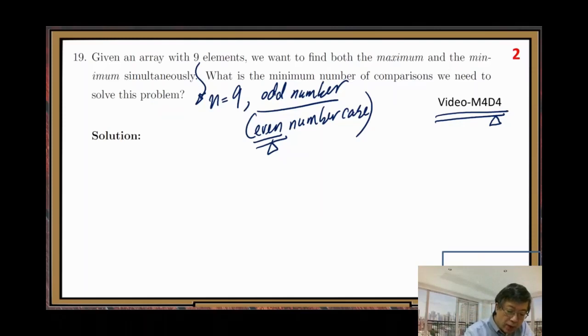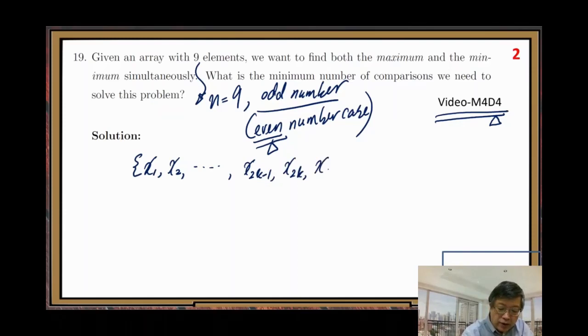Suppose we have an odd number of elements, x1, x2, ..., x2k minus 1, x2k, and x2k plus 1, the last 3 elements.